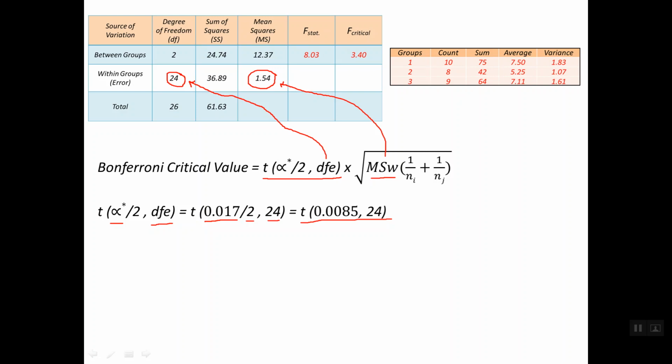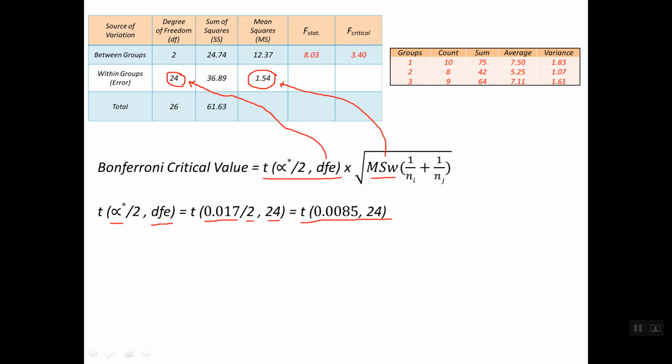Of course, we can't find a table to return to in order to get the value of this t. Why? Because the significance level or the probability here is 0.0085.